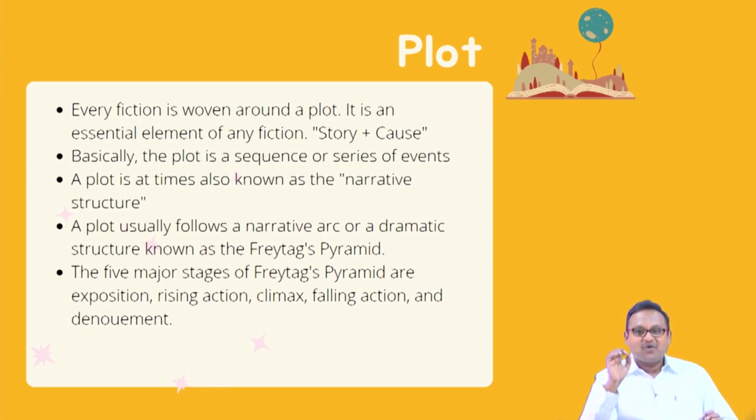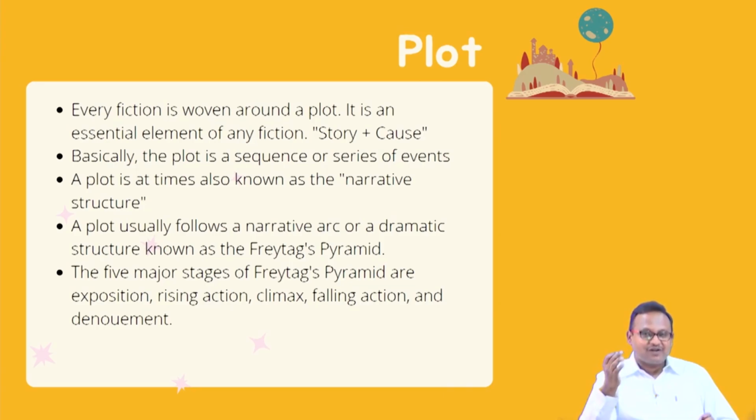Freytag was a well-known German playwright who first identified this structure, and based on his structural understanding of the genre, we now apply it across every genre of fiction that has an element of plot.